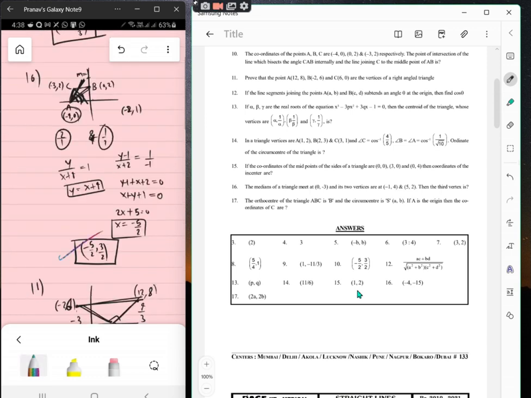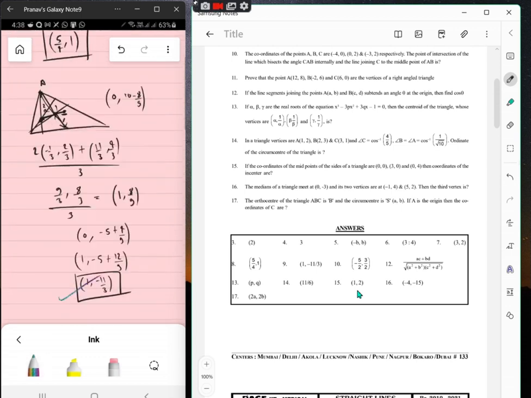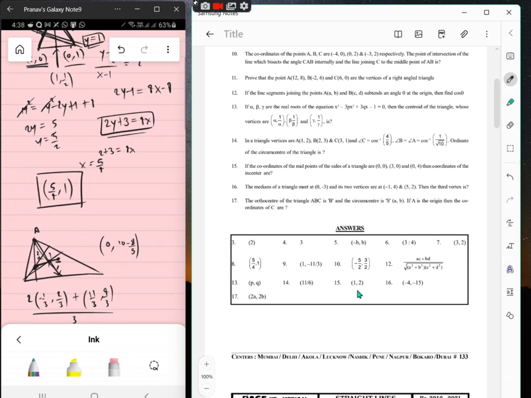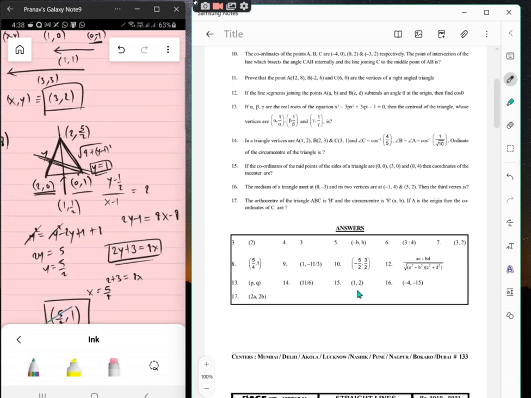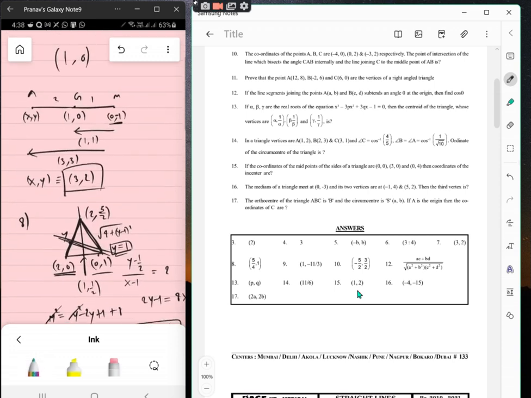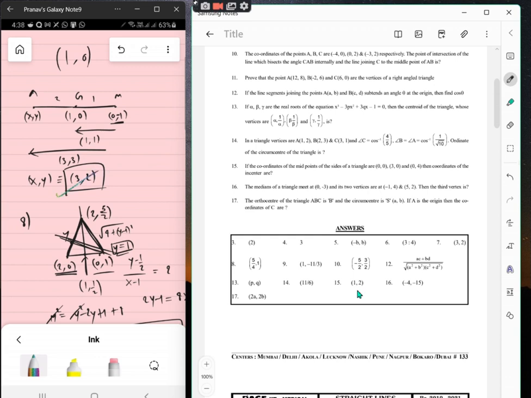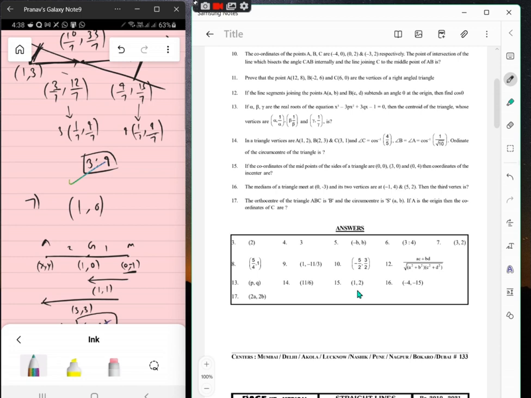That's cool. It's correct. Okay. Then 7 plus 3 comma 2. That's also correct. 3 is to 4. Hey, that's nice.